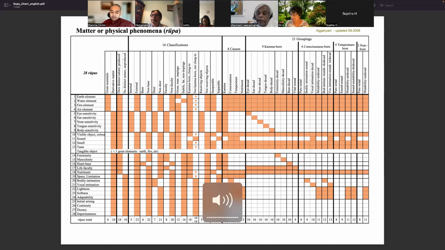Bhante, I understand it this way: when you eat something, you are eating a pure octad which has got oja and tejo.